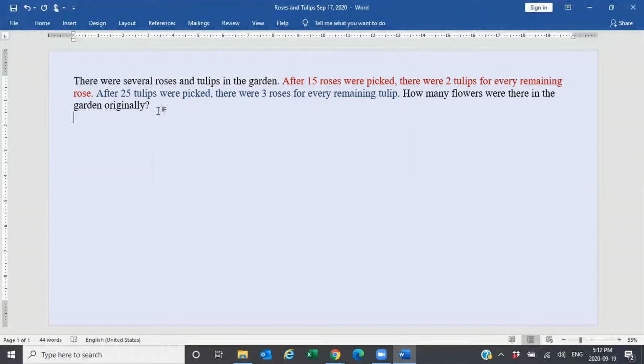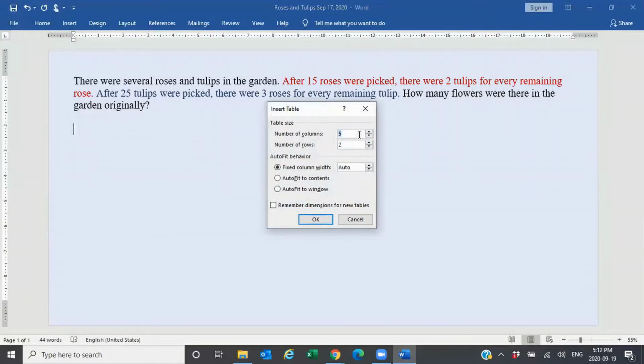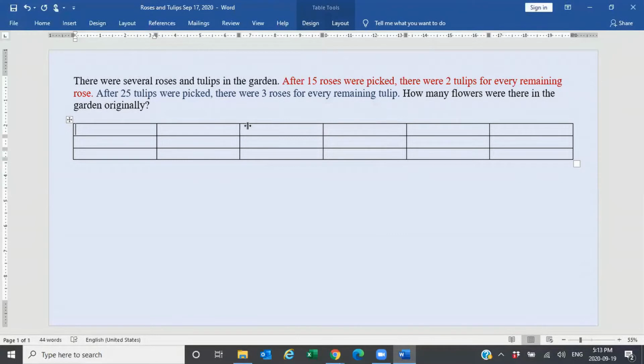Okay, now I'm going to insert in a table. There we go. Here we have our table. I'm also going to highlight it so we can make it better.